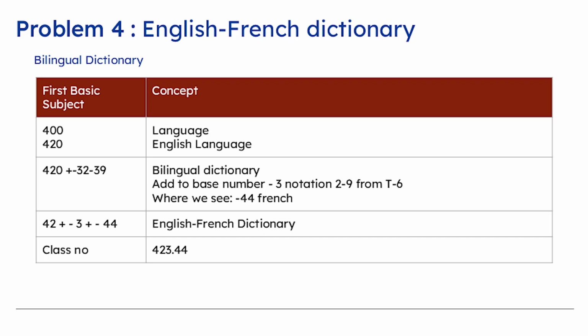Then we have to take a pause, a simple full stop: 423.44. So for the English French dictionary we have to write it in such a way, 423.44.